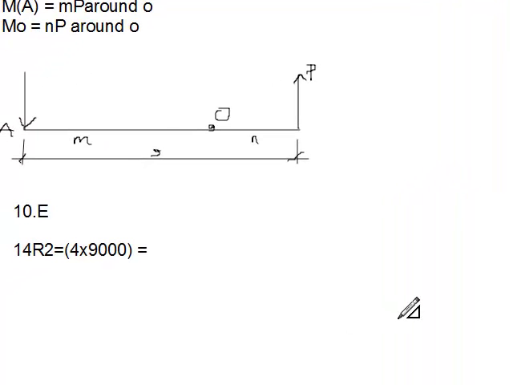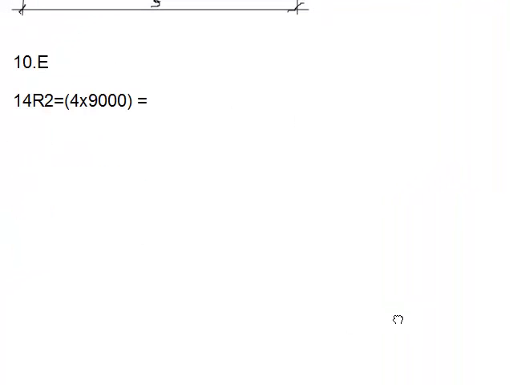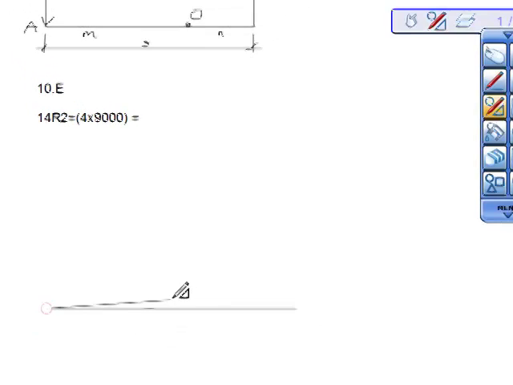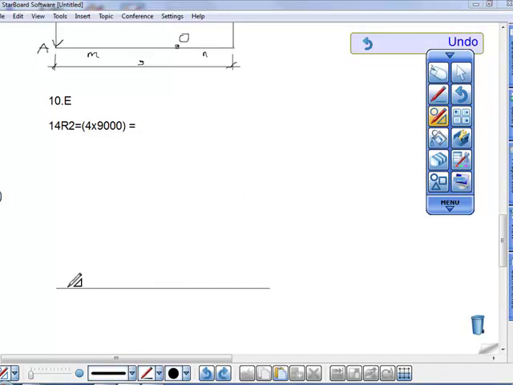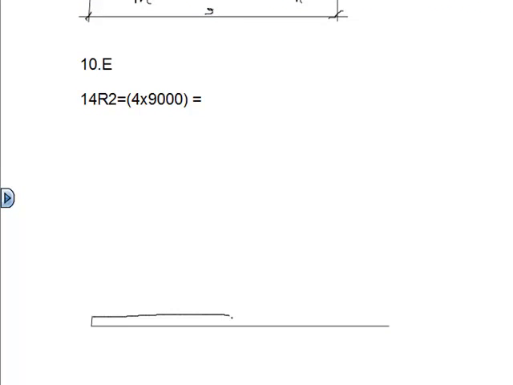No, if you look at your picture of your beam, you have a distributed load of 6,000 pounds. It goes for 8 feet, right? Yes. And it doesn't say 6,000 pounds per foot, it just says 6,000 pounds.